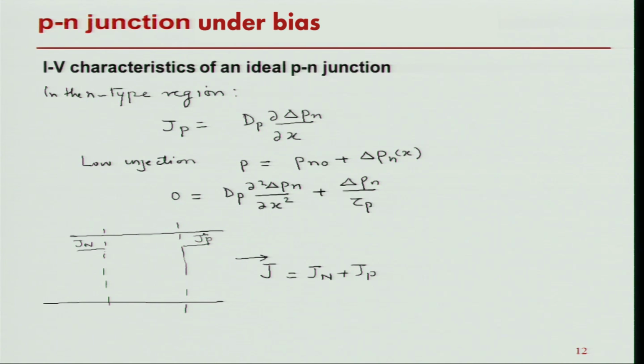And so, what would be the hole current in the P side? It will basically be the total current minus J_n. So, I need not calculate the hole current here. If I know the total current, it would just be the difference. And what would be the electron current in the N side? It is simply going to be J minus J_p.